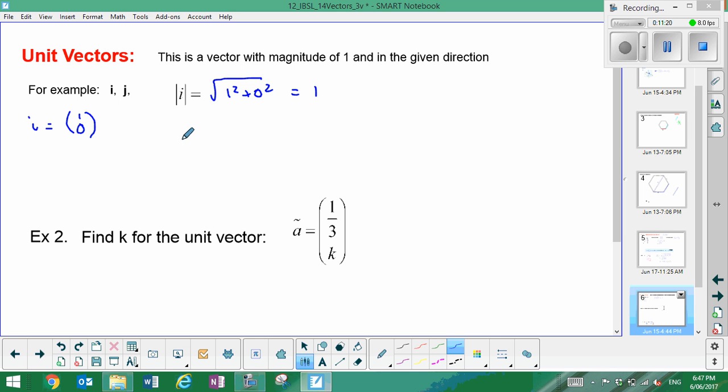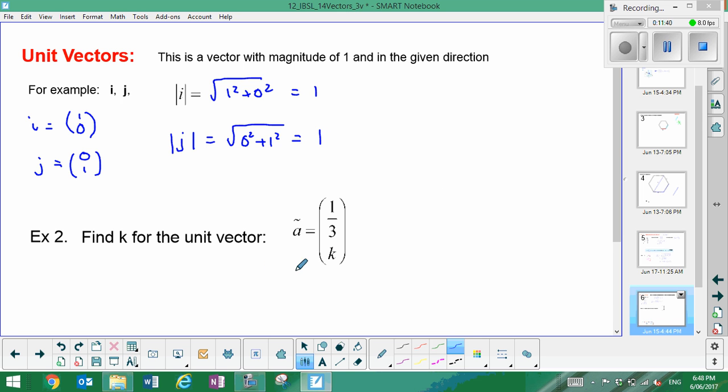And if we did it for j, the unit vector for j is nothing in the x direction, 1 in the y, so the magnitude of that is going to be the square root of 0 squared plus 1 squared equals 1. So they have a length of 1.